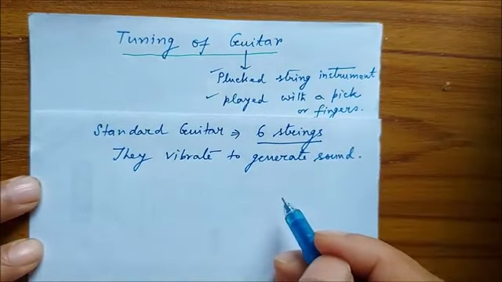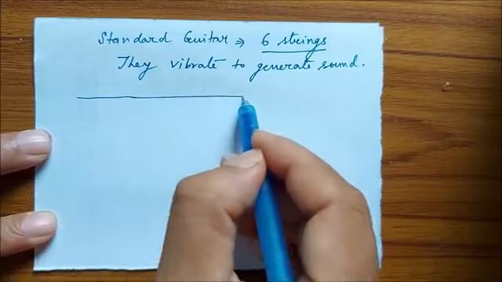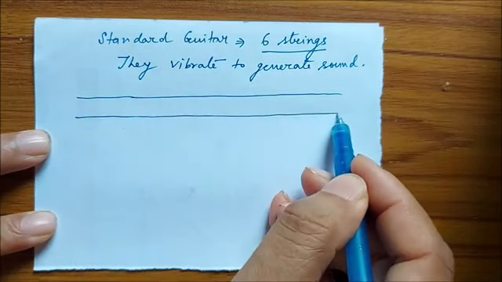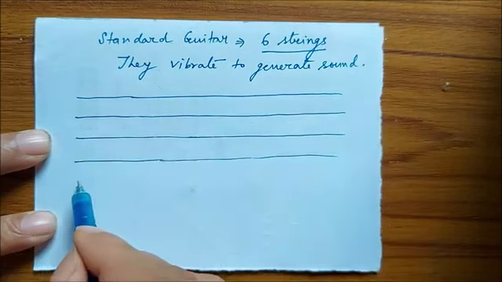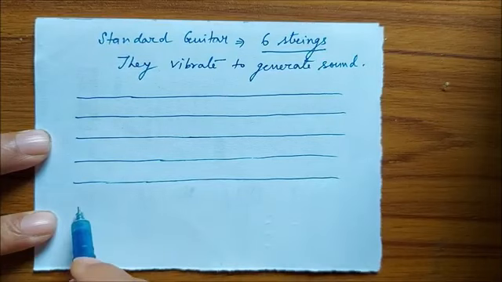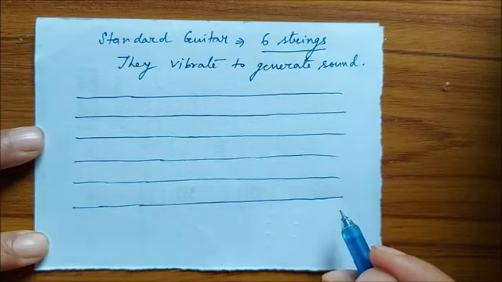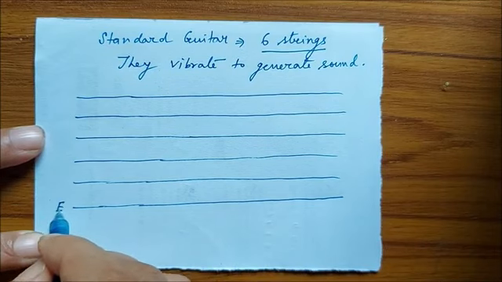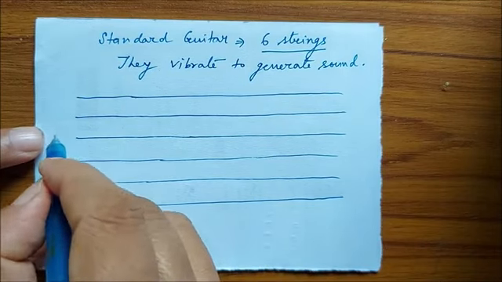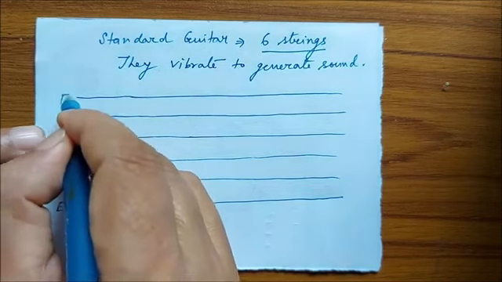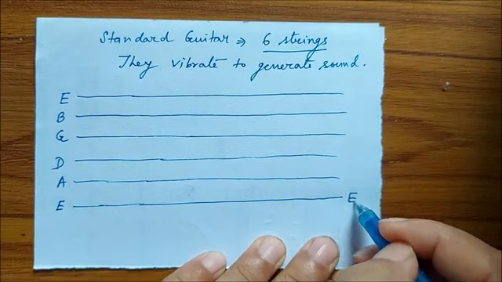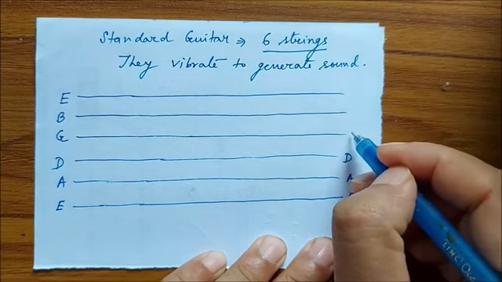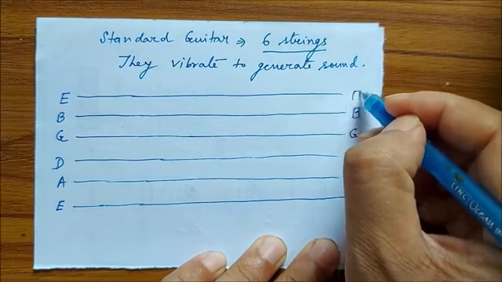So let us draw the 6 strings. 1, 2, 3, 4, 5, and 6, and the strings are named as E, A, D, G, B, and E again, and the mnemonic to remember this order is elephant and donkey grow big ears.